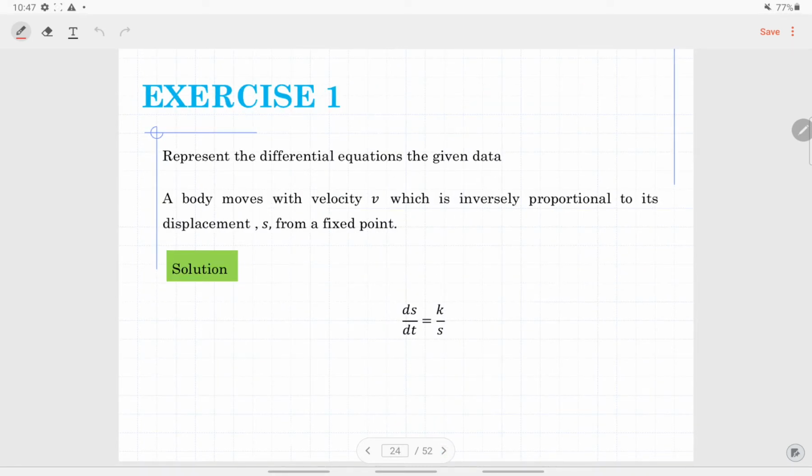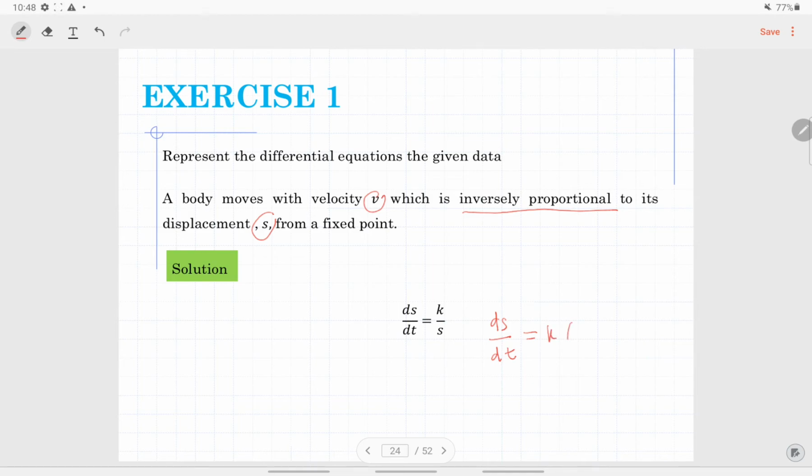For example 1, here we represent the differential equation from the given data. A body moves with velocity which is inversely proportional to its displacement, the distance from a fixed point. That means ds over dt, the displacement over dt, equals proportional, right?